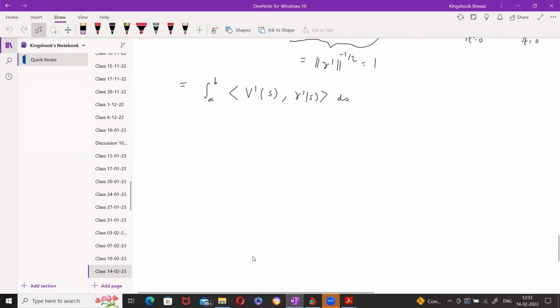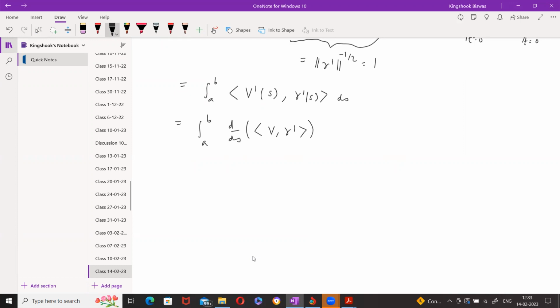Yes, sir. Now this I can write as, again by the Leibniz rule for the Euclidean inner product, d/dS of the inner product of V with gamma prime, right?